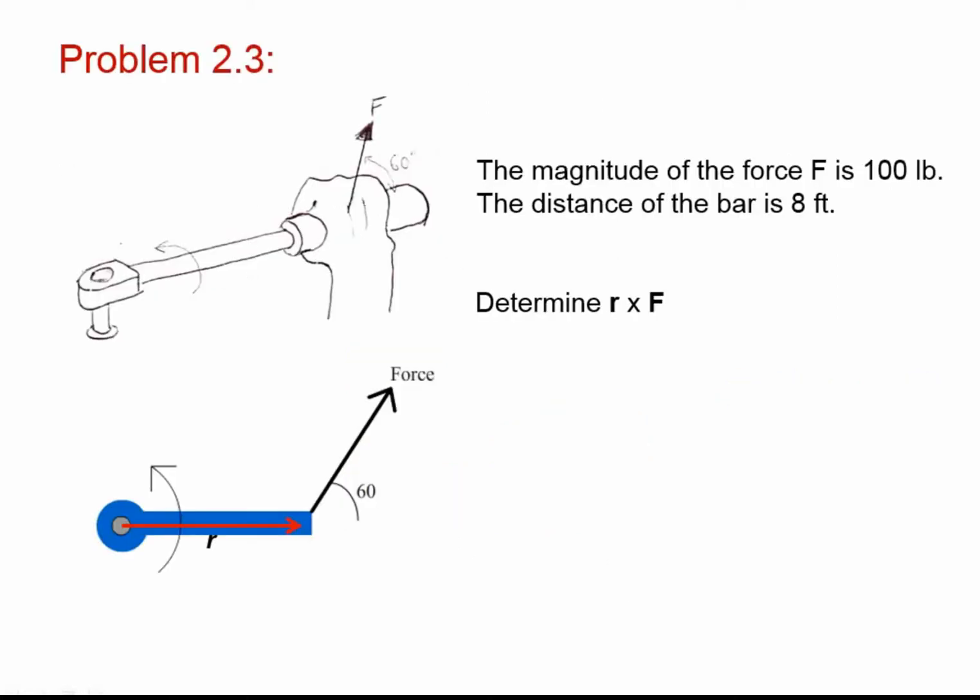How about this one? If you apply force along this direction, let's determine the moment at this pivot joint. Then you have to determine the r vector from your point to the point of action, and this is the force vector. Then you get the cross product between r and f.